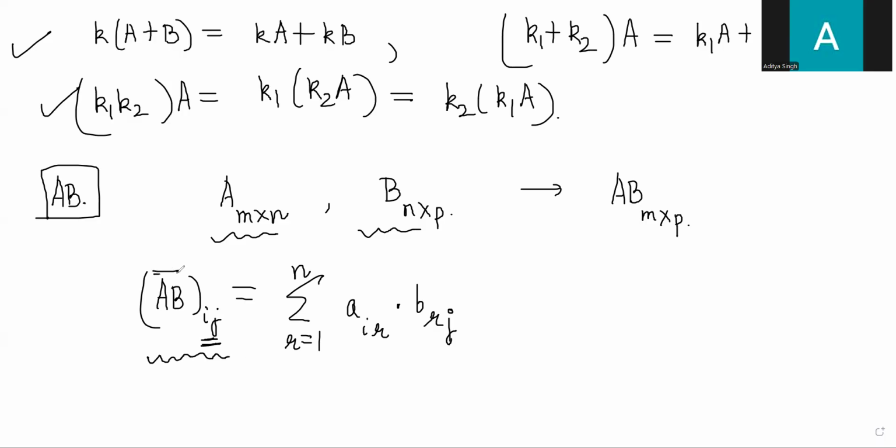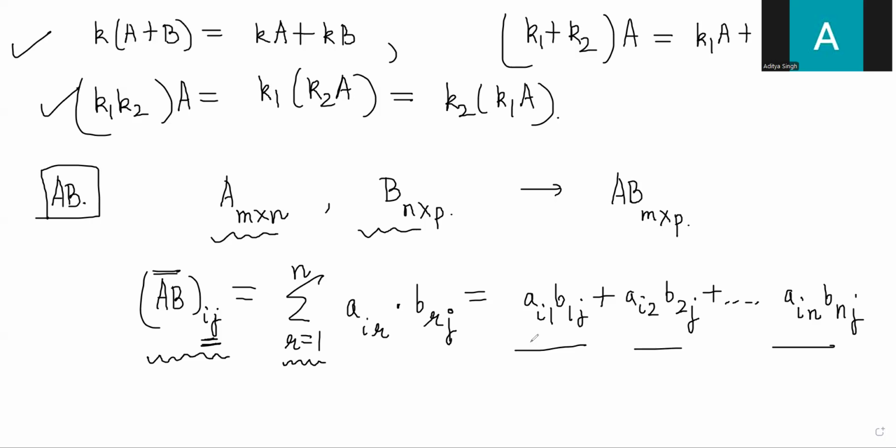AB product matrix का I comma J element, right? The IJ element will be created in this way, where one dummy variable you have to make, that is the variable that will vary. So basically this means AI1 B1J plus AI2 B2J and so on till AIN BNJ.